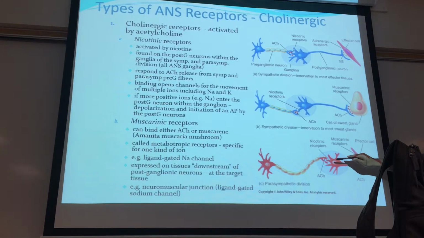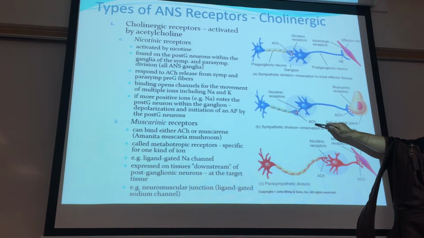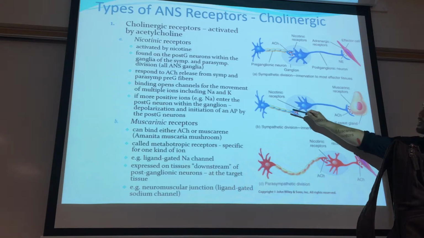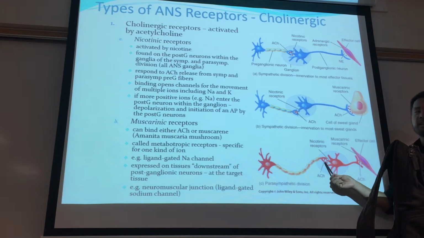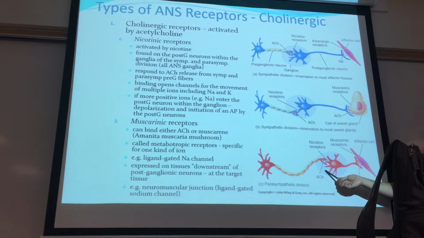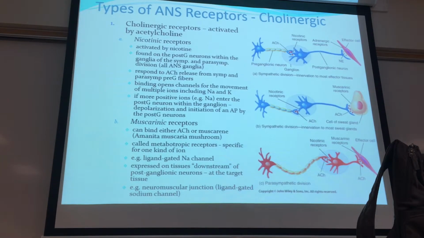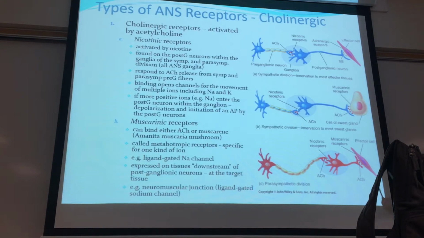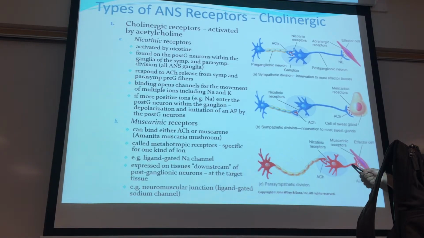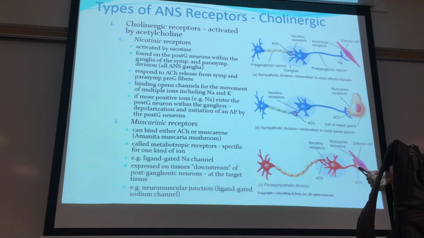With our parasympathetic and our sympathetic pathways, the preganglion neurons for both will secrete acetylcholine. So all preganglion neurons will secrete acetylcholine. The postganglion neurons for our parasympathetic pathways will also secrete acetylcholine.